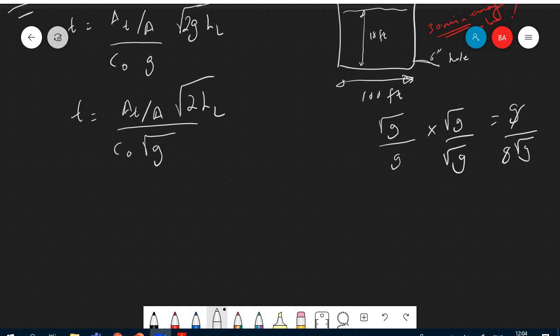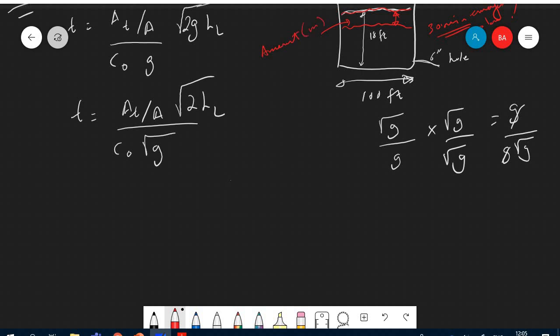So I can represent this thing here as AT over A. If you don't want to do this, you don't need to do it. Just substitute into this equation here. You're going to get exactly the same answer. Okay, so that is what we have for t.